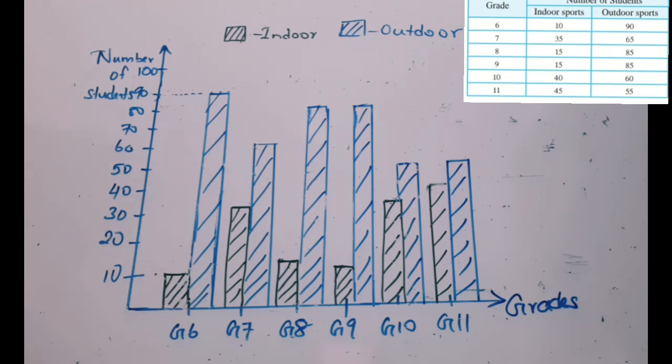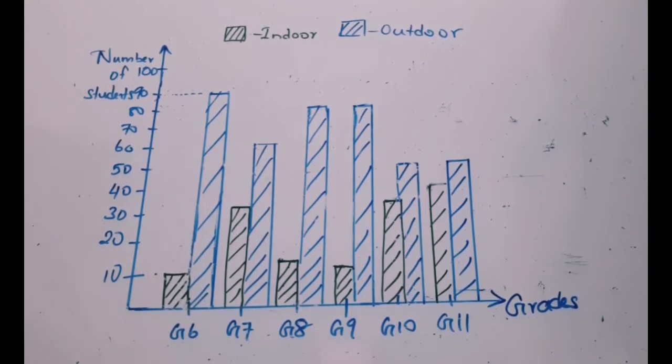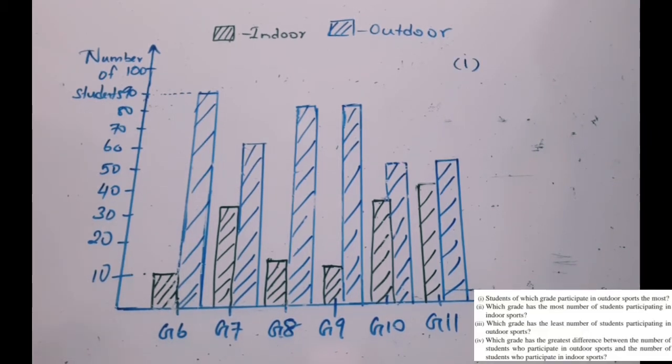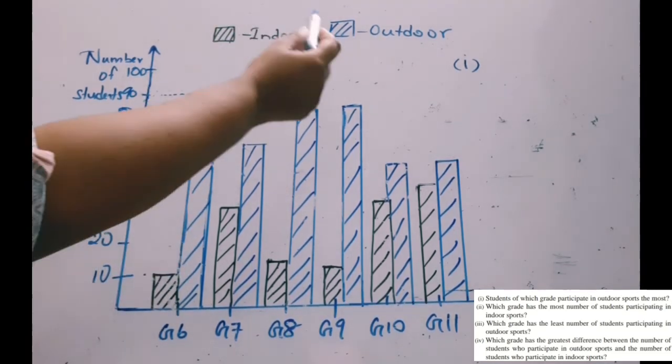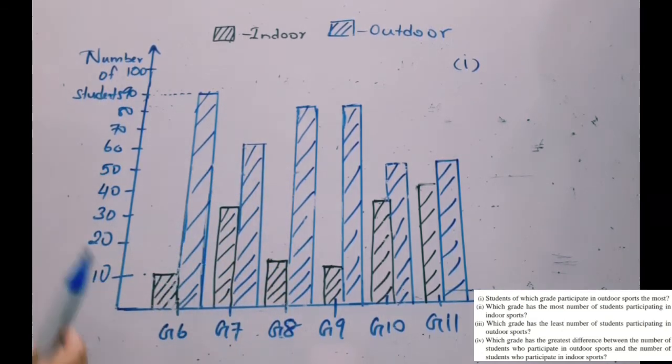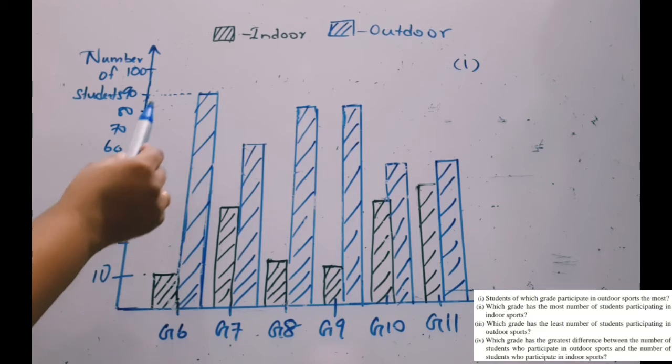Now let's look at the questions and try to answer them based on this bar graph. The first question is, children, students of which grade participate in outdoor sports the most? Outdoor sports denotes the blue color bars. Am I right? So which grade's students participated the most?